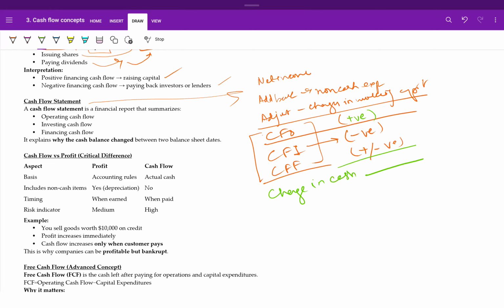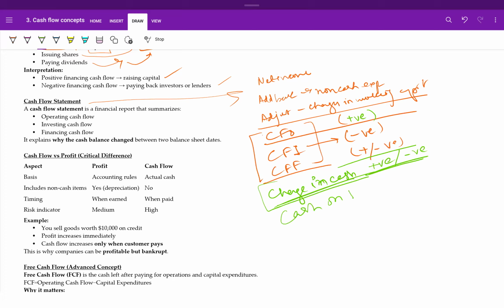So this gives us the changes in cash for that period, whether it's a positive or a negative number. This is the change in cash from the cash flow statement, and then we link it to the cash on our balance sheet.